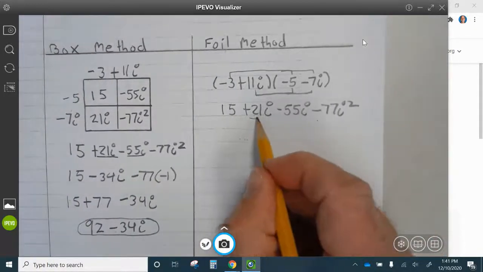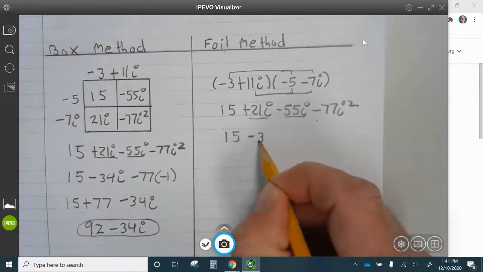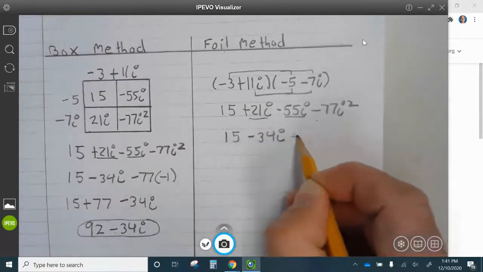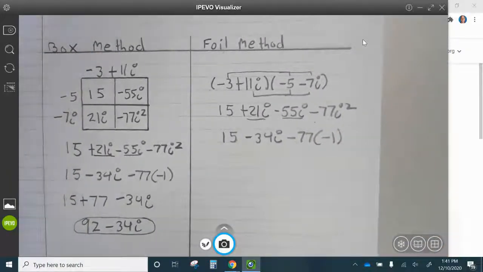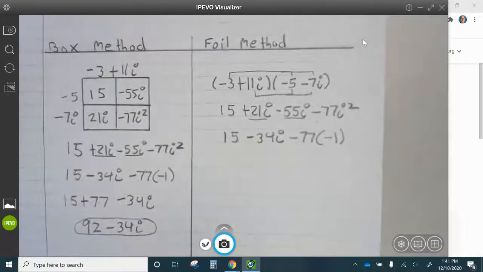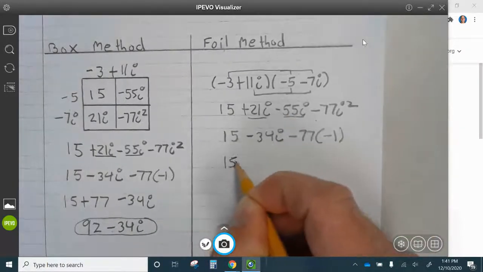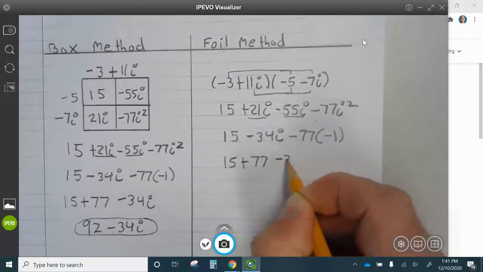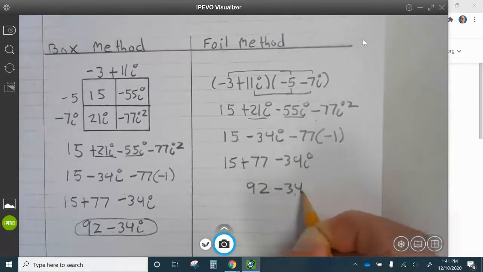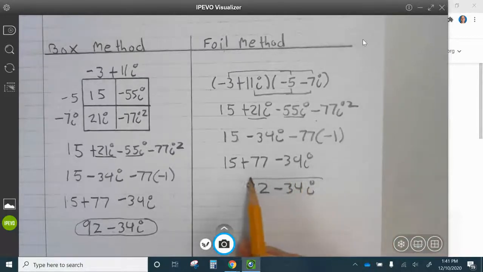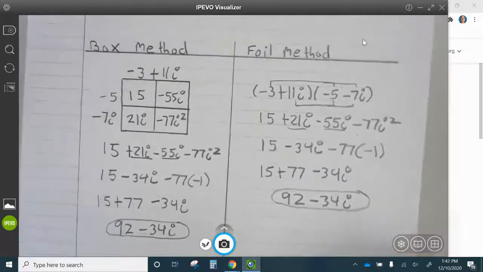Okay, we can combine these. So we get 15 minus 34i minus 77 times negative 1. Okay, so then that's 15 plus 77 minus 34i, and then that's 92 minus 34i. Let's take a look at the last question.